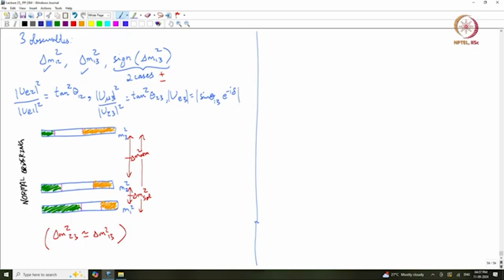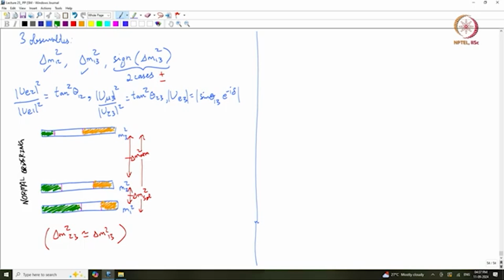So the 3 mixing angles are here, and what I have shown is how much mixing has happened, such that what amount of flavor is available in each of the 3 mass eigenstates.